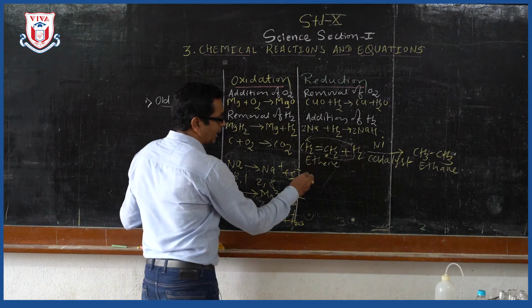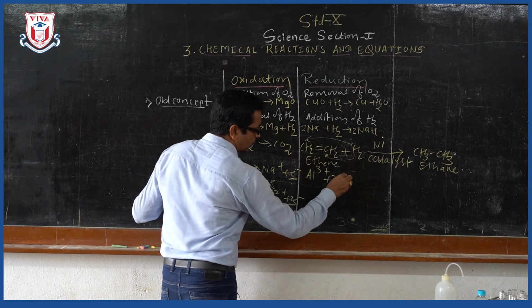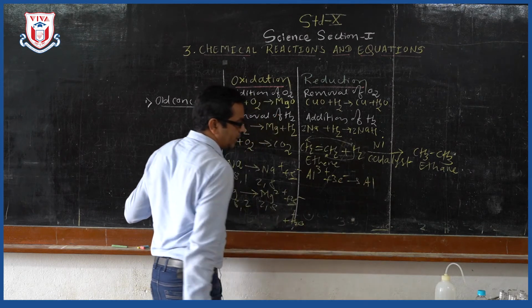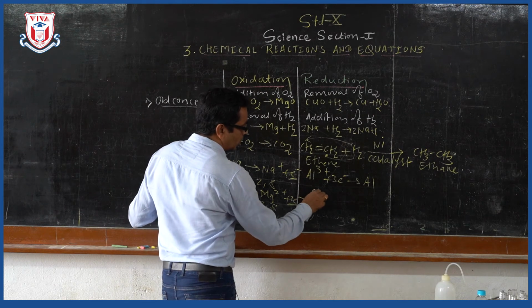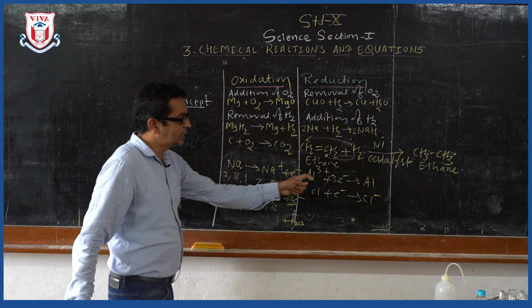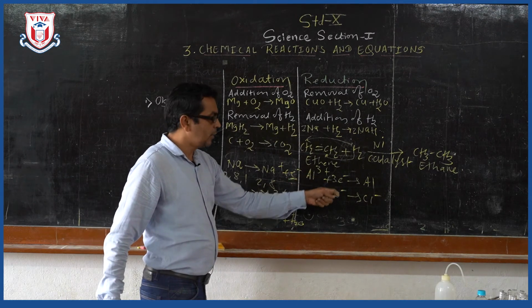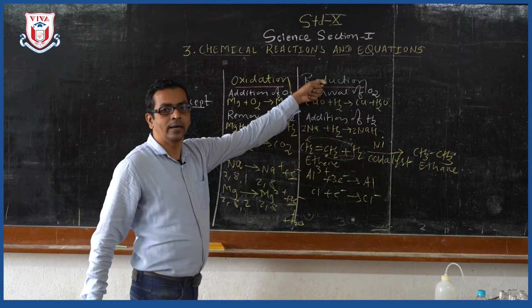Or you can say aluminium gives Al3 plus plus 3 electrons. Or I will write chlorine plus 1 electron converts to Cl minus. This is the process in which electrons are gained, and it is called reduction.